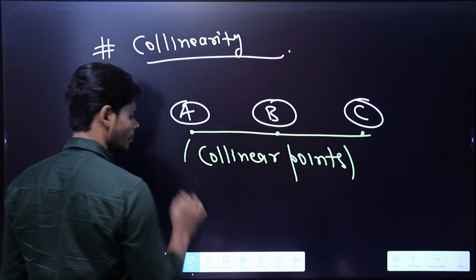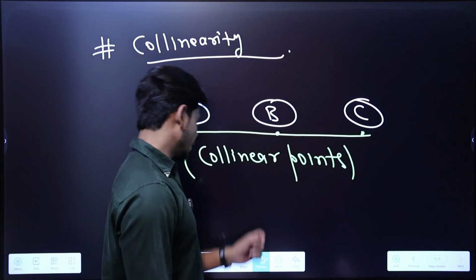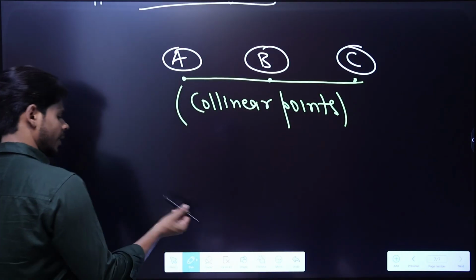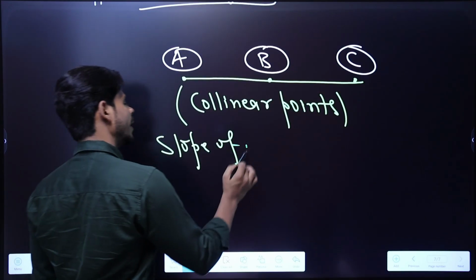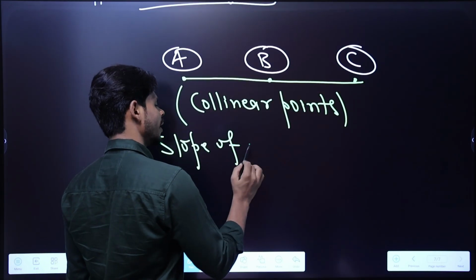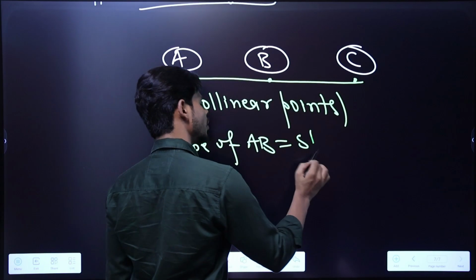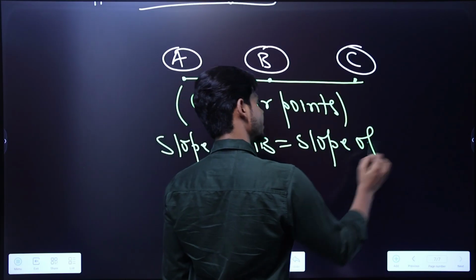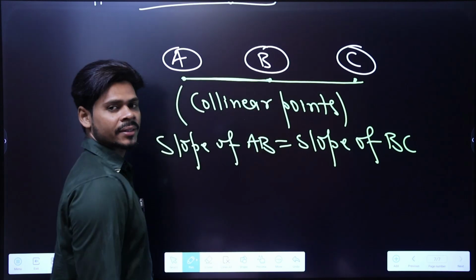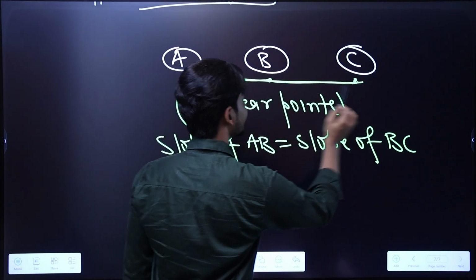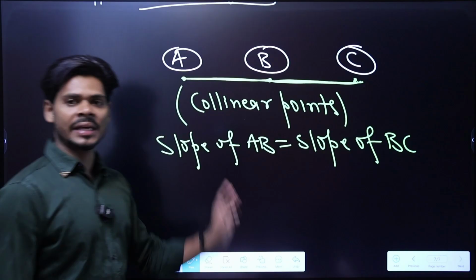Now if I say that the points are collinear, then a very important concept I am telling you guys: the slope of AB must be equal to the slope of BC. Why? Because the angle that this line will make with the x-axis will be equal to the angle that the other line will make with the x-axis, AB and BC.